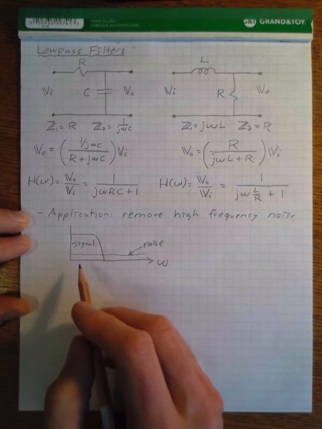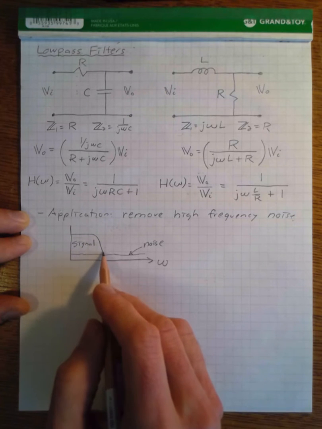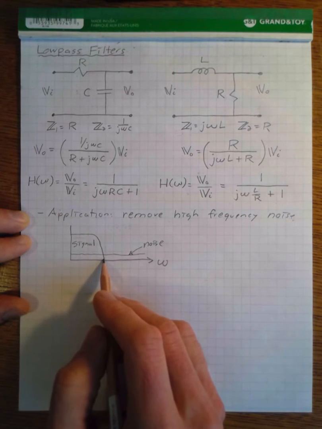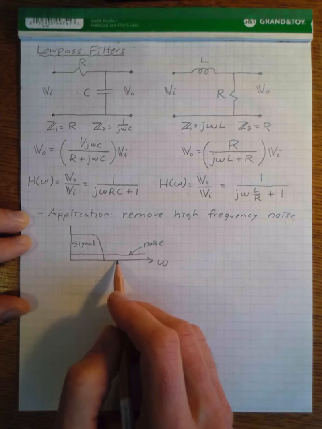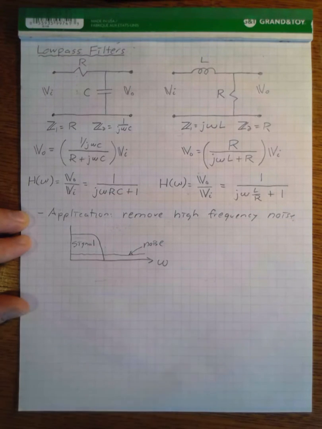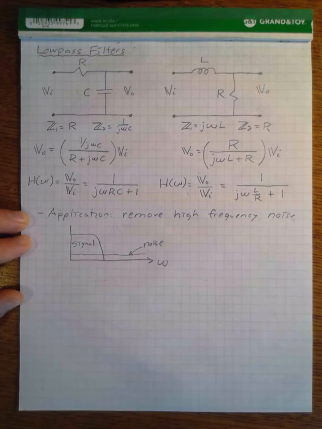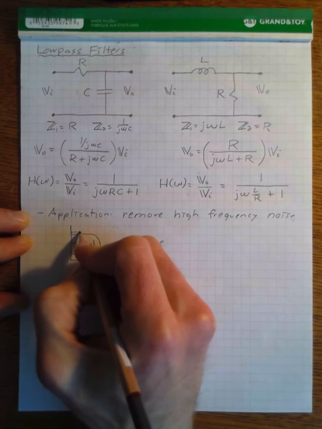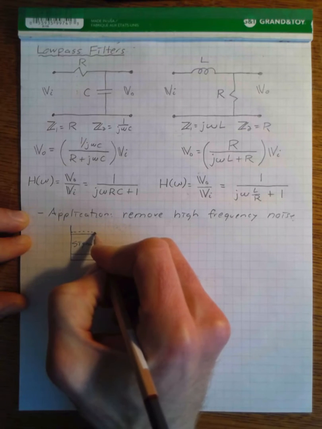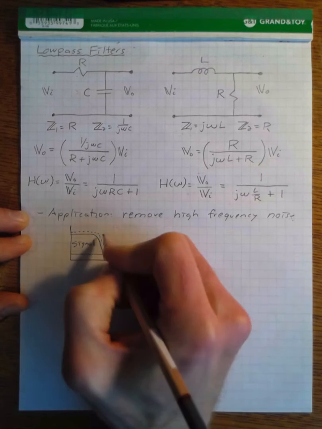And for some applications, for things like voice applications, if our signal cuts off a little bit before the cutoff of the range of frequencies that our ear can hear, this high frequency noise can sometimes cause a ringing or a buzzing. And so one application of a low-pass filter is to design a low-pass filter with a cutoff that basically follows the contour of our desired signal.